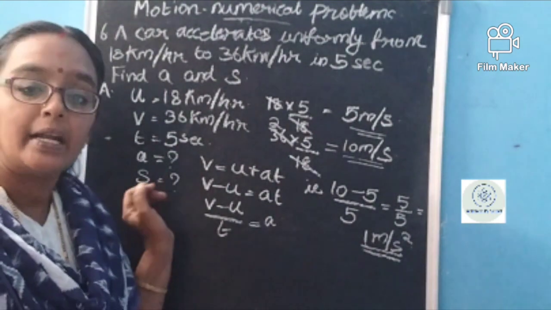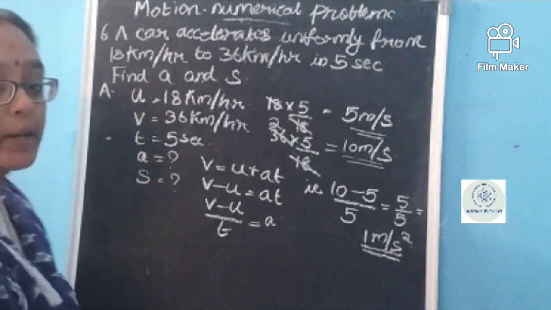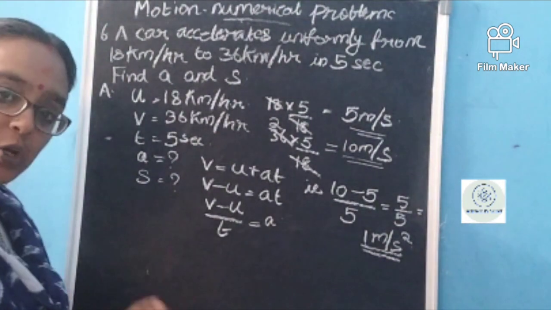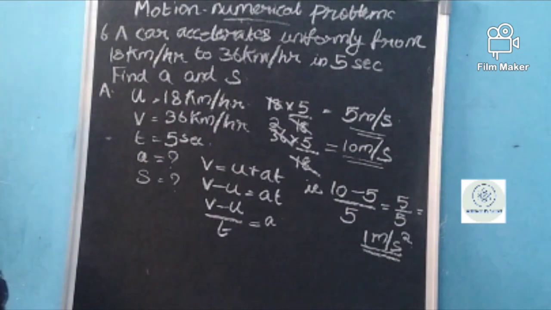Find out distance traveled. What is the formula which can be applied? s is equal to ut plus half at square. Here u is known, v is known, a and t, everything we know.